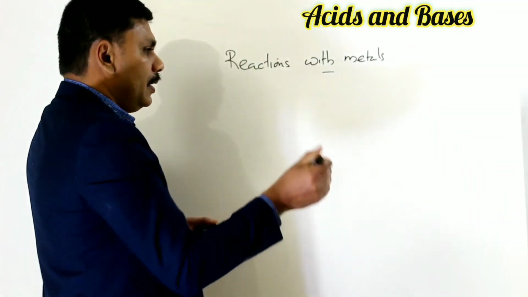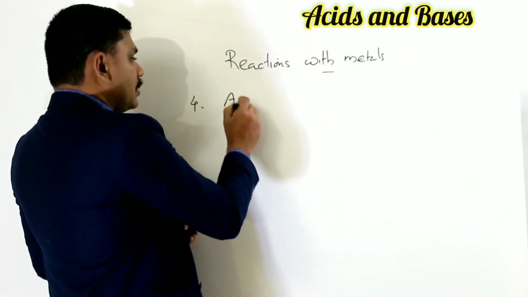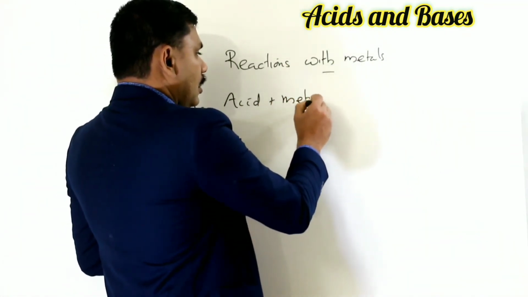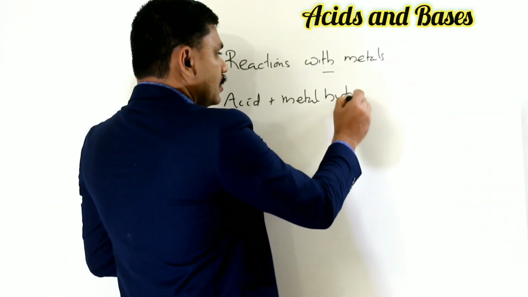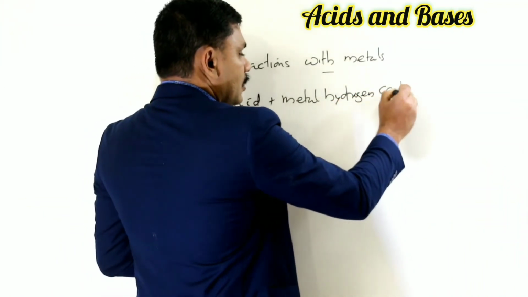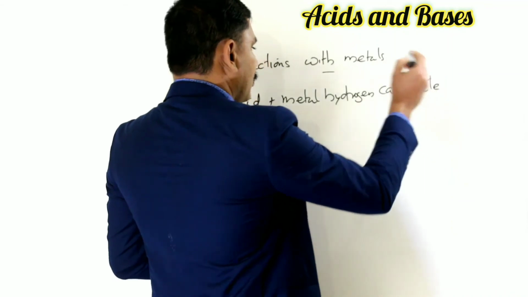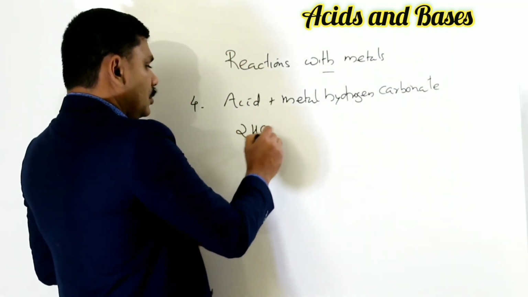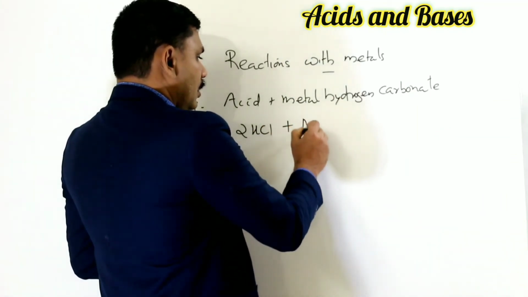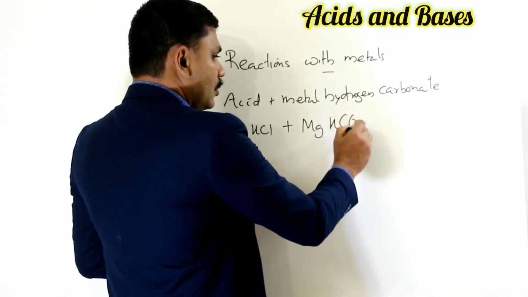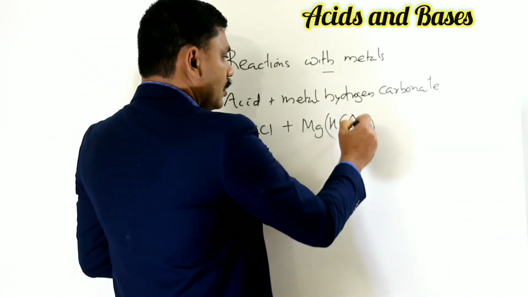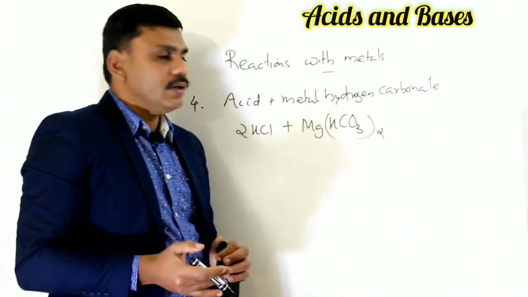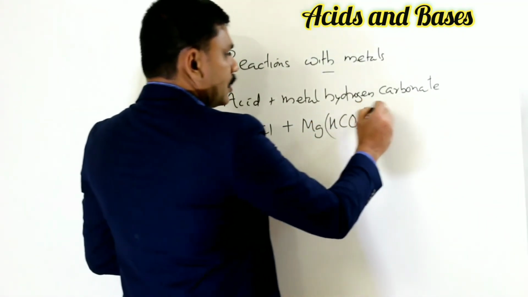Then the fourth one, acid plus metal hydrogen carbonate. For example, 2HCl plus Mg(HCO3)2. It gives salt plus water and carbon dioxide.